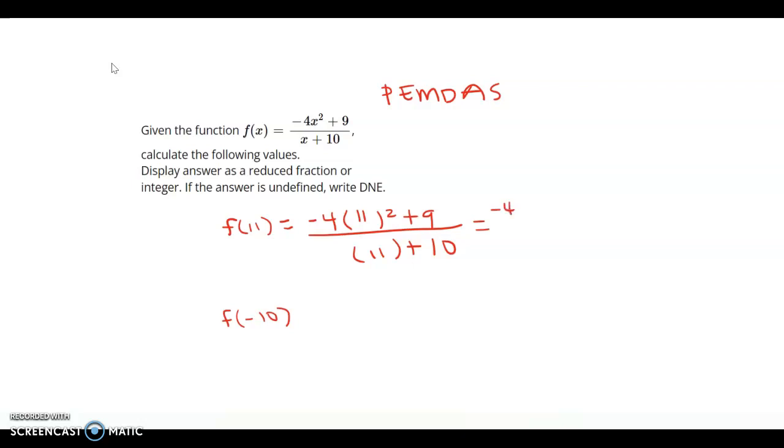So we'll have -4 times 11 squared, 11 times 11 is 121, plus 9 over 11 plus 10, we can do that one, 21. Okay, -4 times 121, let's see, what are we going to have there?